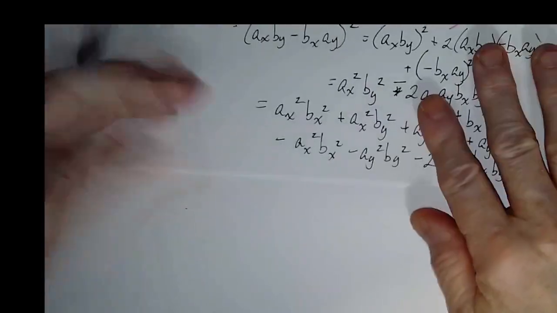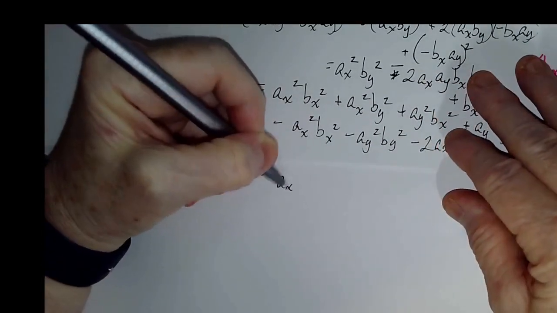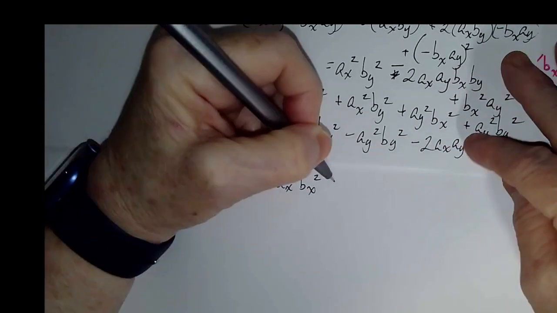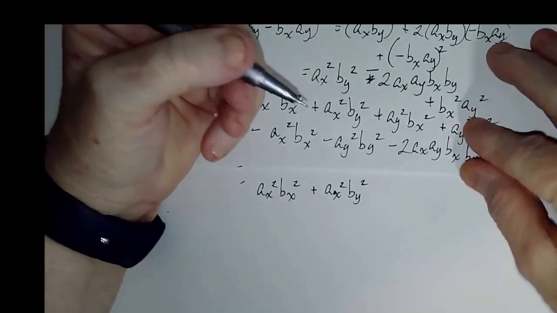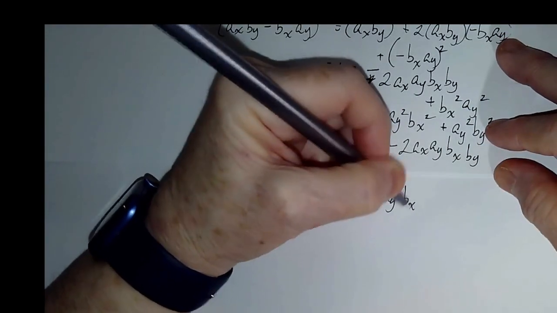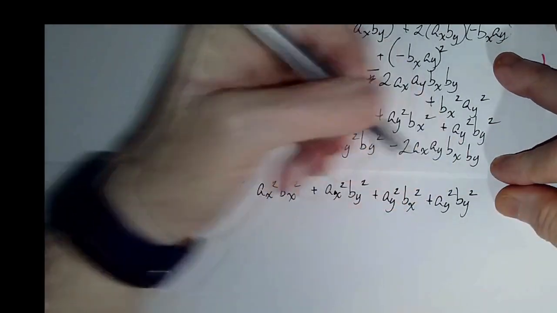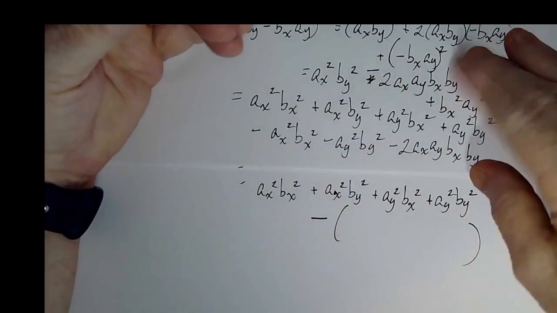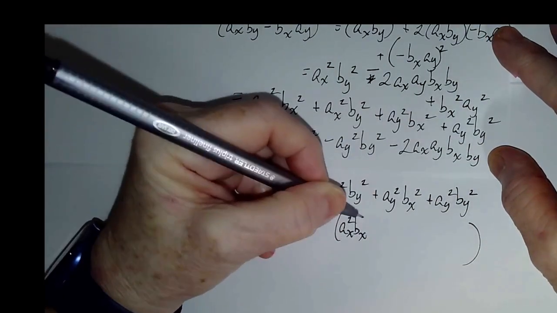Oh, this is pretty exciting. So we've got AX squared BX squared plus AX squared BY squared plus AY squared BX squared plus AY squared BY squared minus, let's factor the negative out of the next three terms, AX squared BX squared.